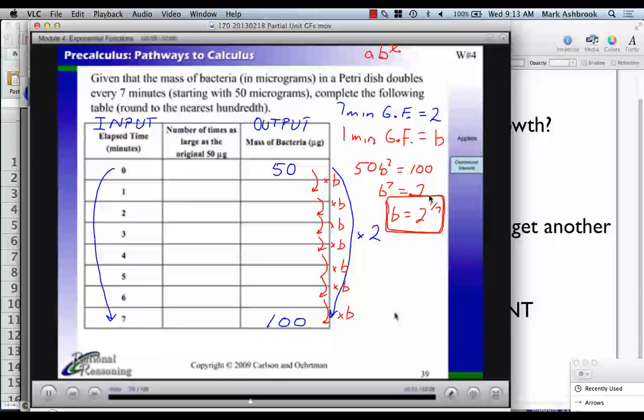Okay, so now I want to use the 1 minute growth factor to find the mass after 1 minute. Go. Use the 1 minute growth factor to actually do a calculation now. You're going to get a number. Find the mass after 1 minute.